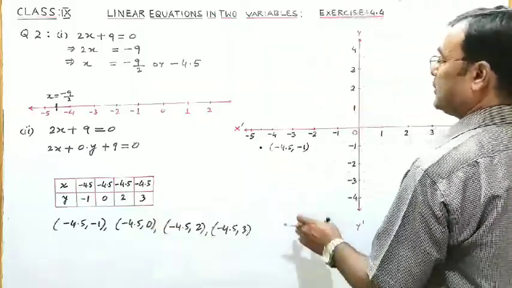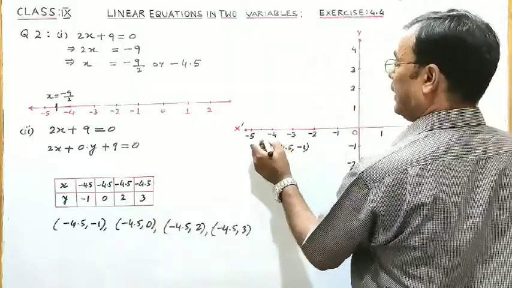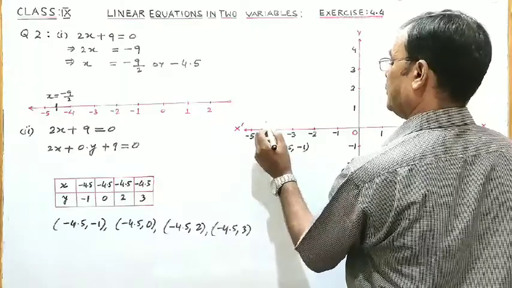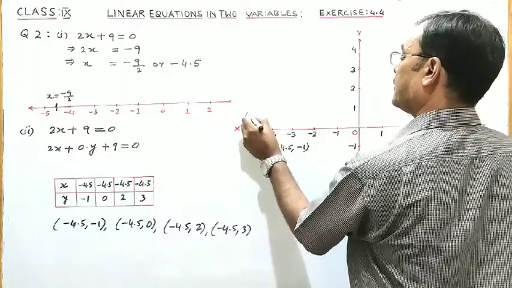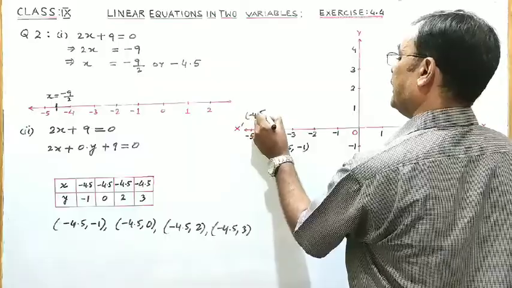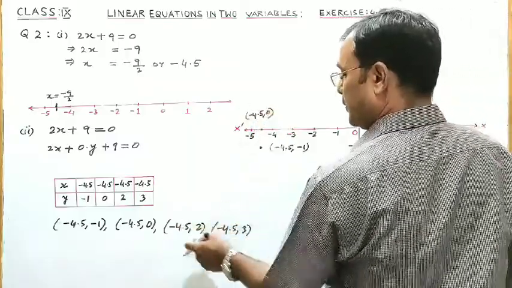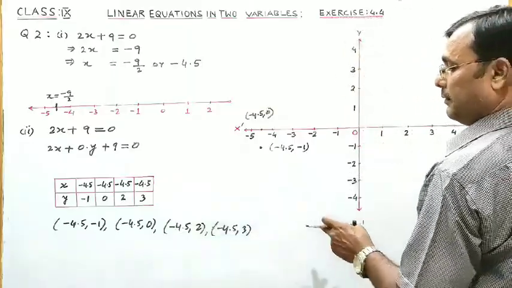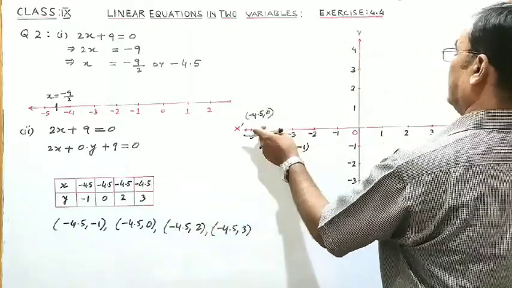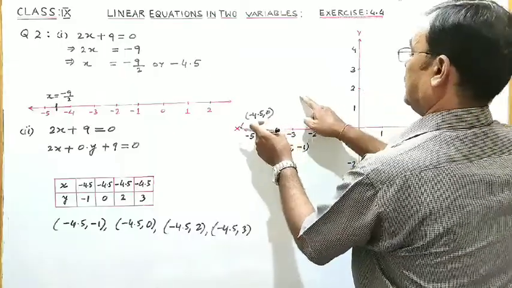Next point minus 4.5 comma 0. So this point on the x-axis, minus 4.5 comma 0. Next point minus 4.5 comma 2. So y is 2.